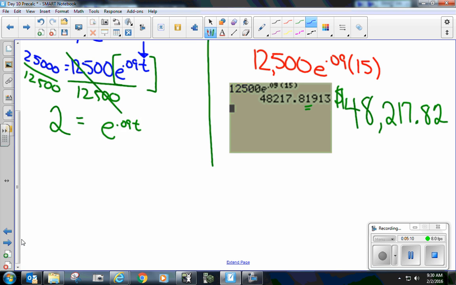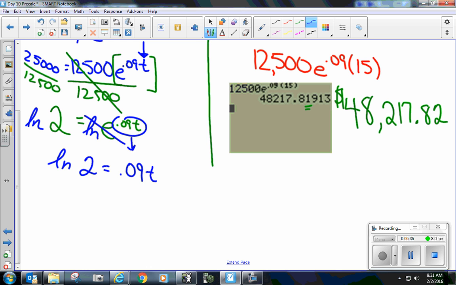Now, using log or natural log is a lot like dividing. You see how I divide both sides by 12,500? If I take the natural log of this side and the e natural log cancel, I have to take the natural log of this side. I still want my equation balanced. So now I've got the natural log of 2 equals 0.09 times t. The only thing that's left after canceling is my exponent.